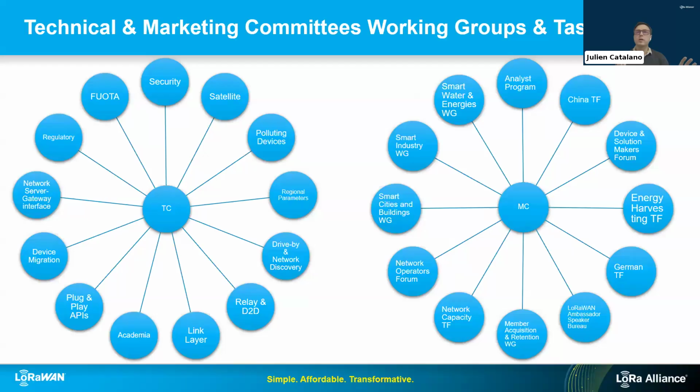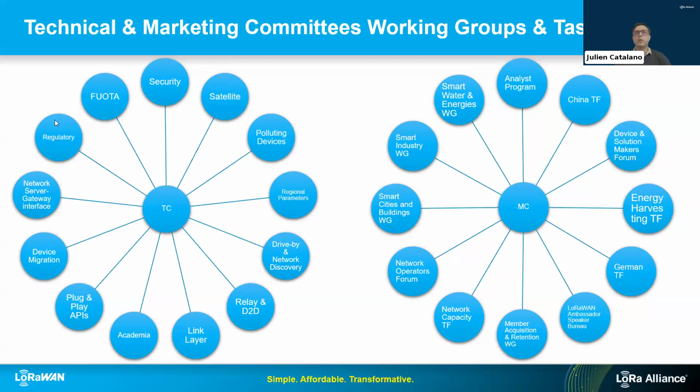This is what I like to call the flowers. These are all the working groups in the technical committee, where you get the security working group, which is a very large part of what this document, the technical report 7 about making secure LoRaWAN devices, is about. The FUOTA working group is also part of ensuring the firmware update over the air to the device.